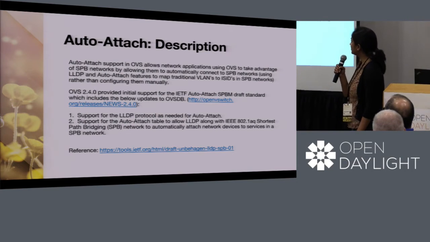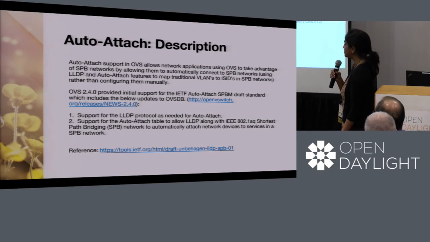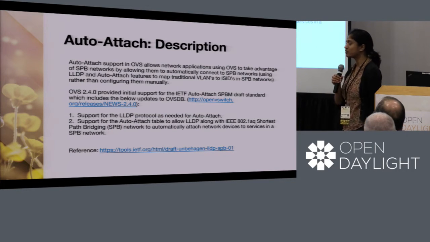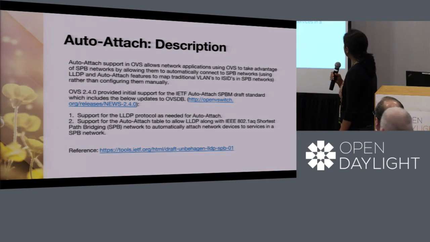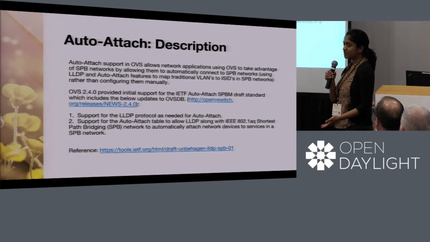Okay. So OVS 2.4.0 came up with a new table called auto attach. Basically, this was to enable OVS to take benefits of shortest path bridging networks. So support for it in ODL had to be done.